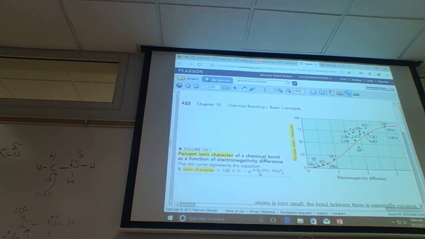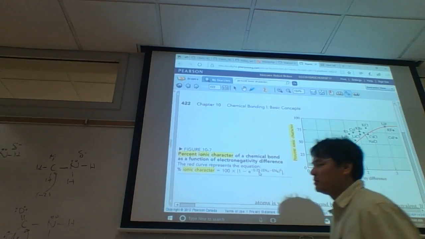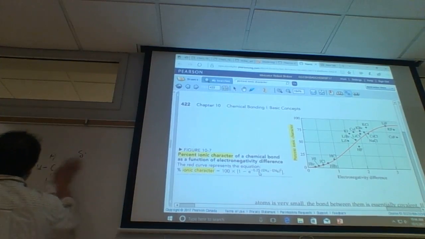We're going to do the Spartan acids lab, where we're going to use a quantum mechanics computational program to look at acid strength and structure. So we'll talk more about acid-base strength later.